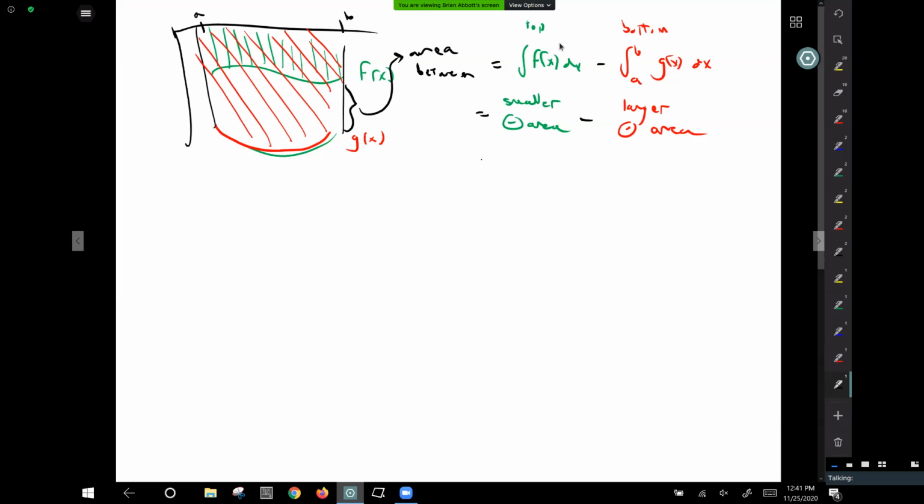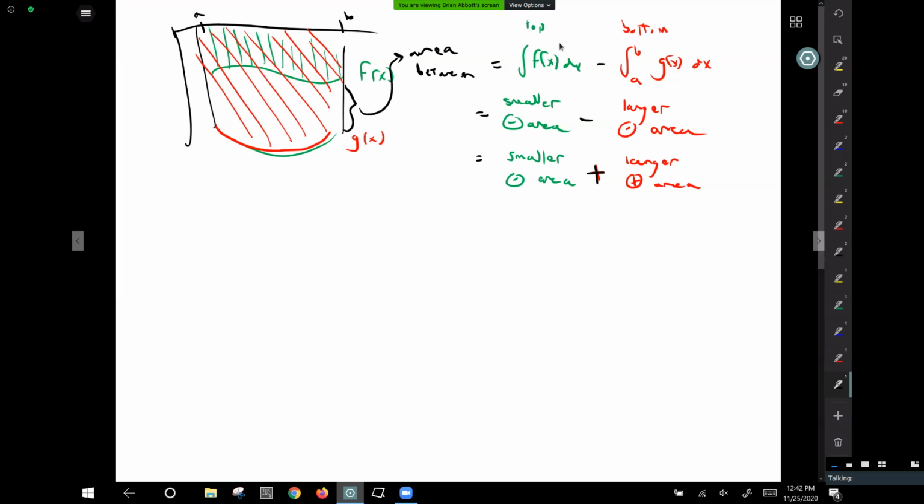Putting that all together, you end up with a smaller negative area in green being combined with the larger, what's now a positive area, because the way algebra works, negative times negative gives us a positive.